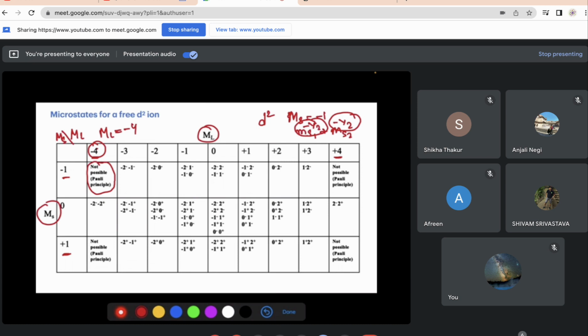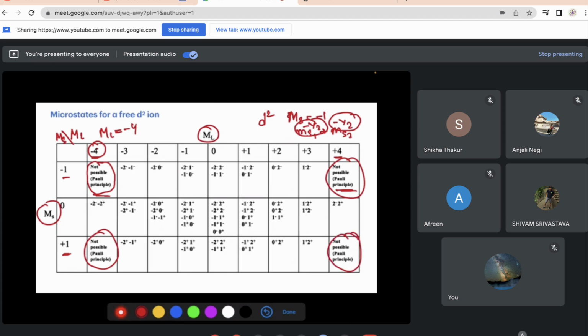It cannot disobey Pauli's principle. Therefore there are zero microstates here, and similarly zero microstates are not possible in this space of ML value plus 4 and MS value minus 1, and the same with MS plus 1. No microstate is possible here too.